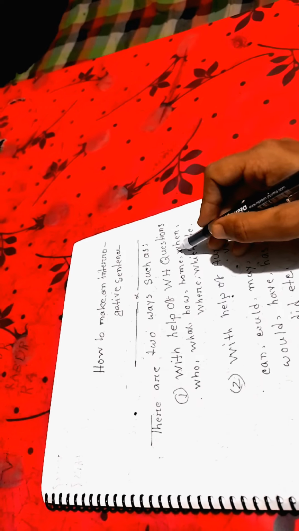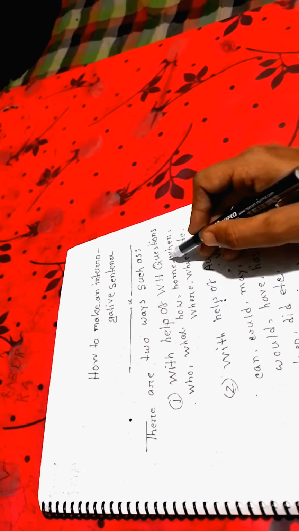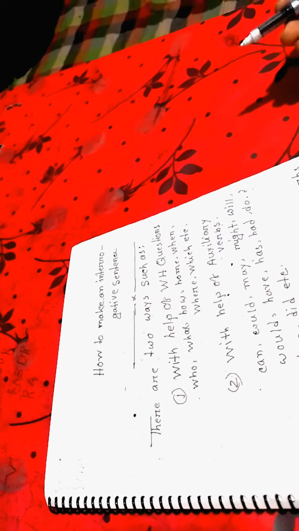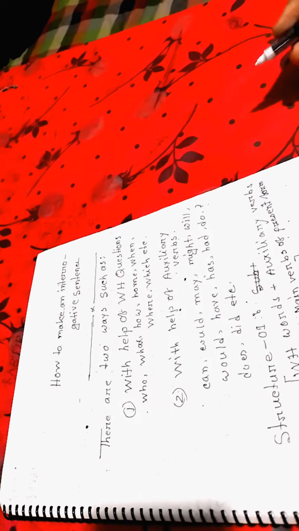This is the first step to make an interrogative sentence. I will show you a lot of examples later on, so don't miss any point of my video and keep watching.